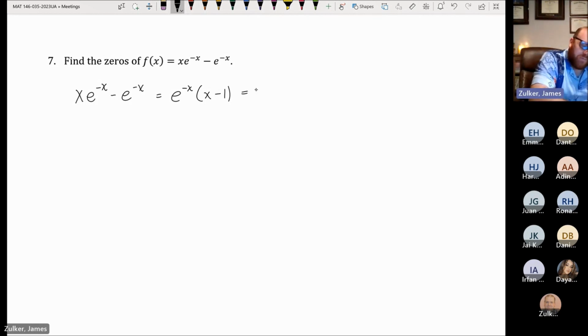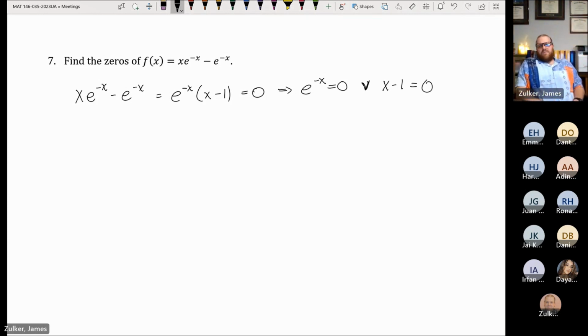This whole thing equals 0. Right, zero property. If you take the product of real numbers and get 0, then at least one of them must be 0. So e to the negative x is 0, or x minus 1 is 0.